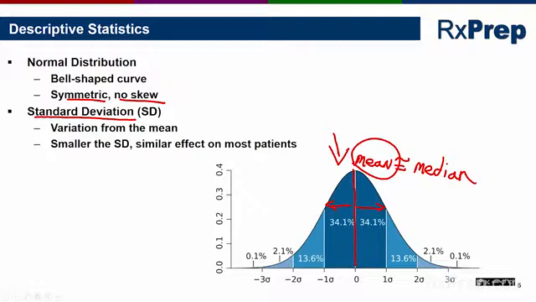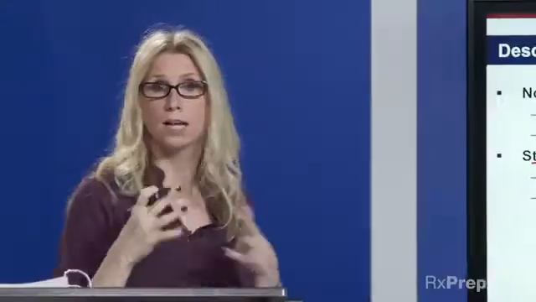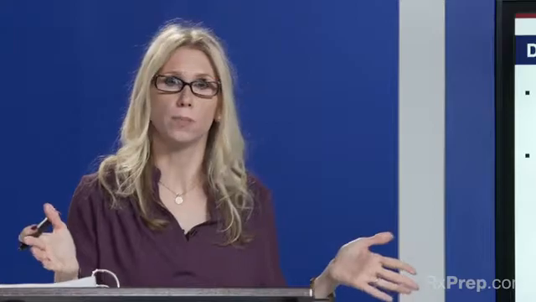When you go plus or minus 1 standard deviation from the mean, as you can see by adding up these numbers here, this accounts for 68% of the patients in that trial. By having the standard deviation, it's telling you a little more than just the center, which is what the mean tells us. Now you're seeing what happened to most people in the trial. Roughly 2/3 of the patients had this result.